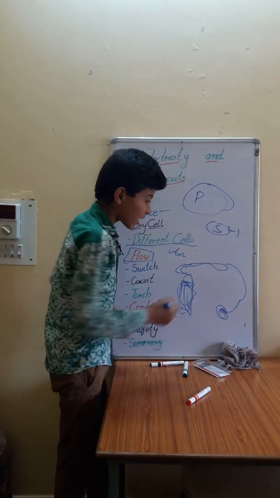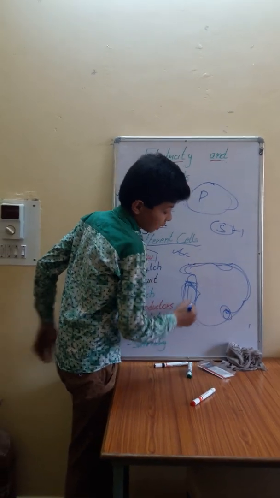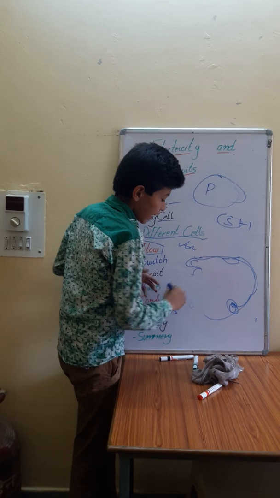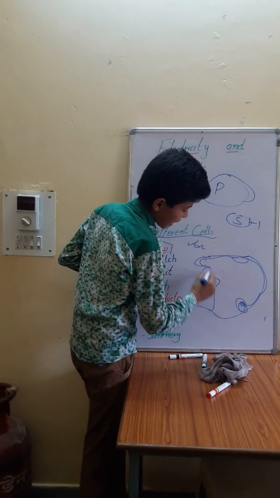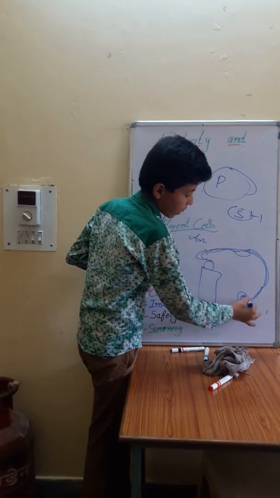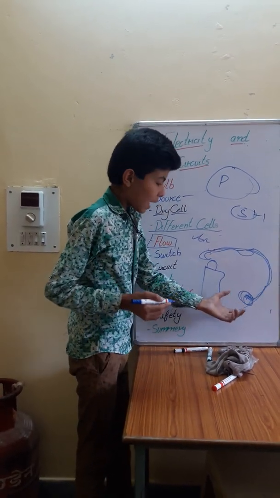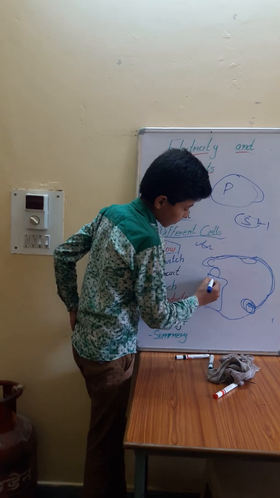Without the appliance, if we connect the wire directly to the cell, it could damage our cell. So you need an appliance here, a wire or any conductor, and this is the battery.